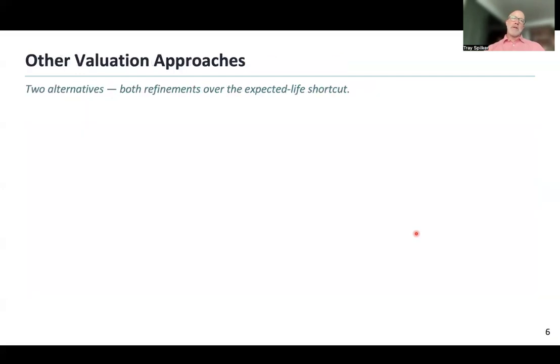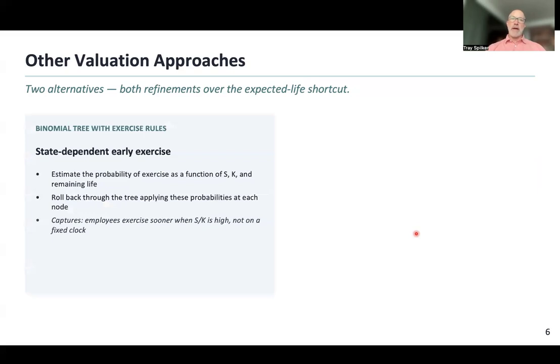Now, there are other valuation approaches. The Black-Scholes-Merton model is the most commonly used one, but the first one we've talked about here is under the idea that we want to model potentially early exercise. We can start with our binomial tree and use early exercise rules, assuming that when the stock price crosses some threshold relative to the strike price, which we've seen historically might empirically reflect the employee's behavior.